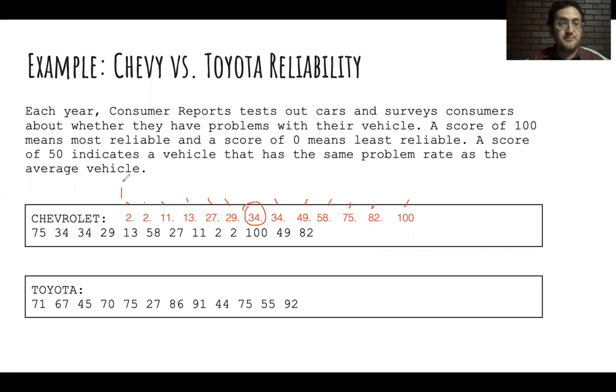And then we're going to look at the bottom half to find our Q1. And we can see in the bottom half that the middle two data, since we have that even number of data, are between 11 and 13. So our Q1 is 12.